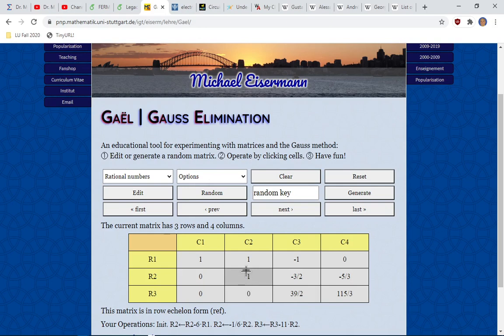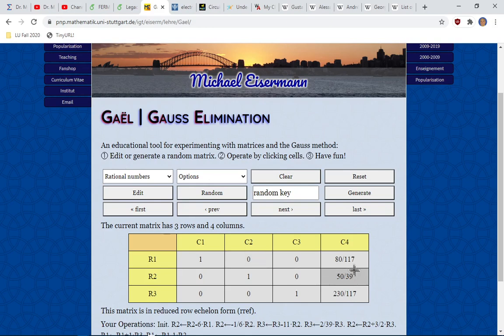Now you have a choice of eliminating these things or eliminating from the bottom. Let's this time emphasize the more efficient style when you're doing hand calculations. So I came here, made my 1, then I use this as a pivot, eliminate this entry, use this as a pivot, eliminate that entry, use this as a pivot, eliminate that entry.